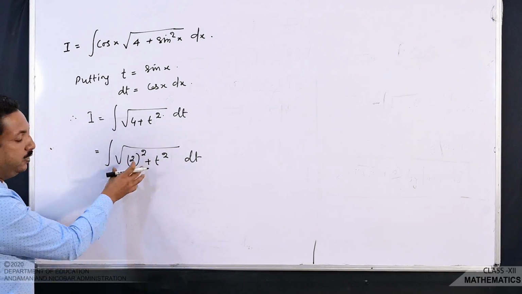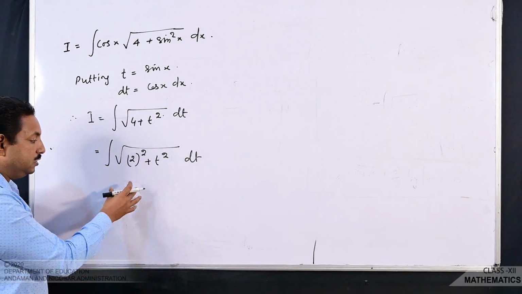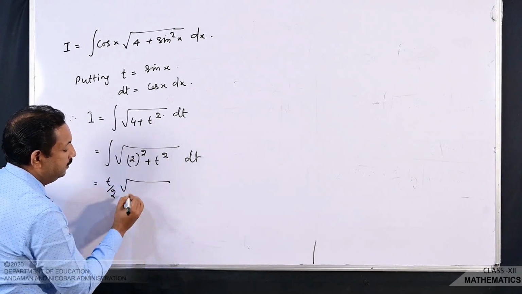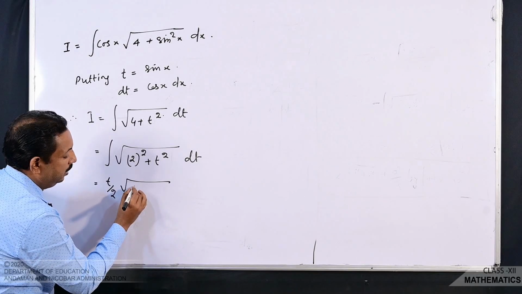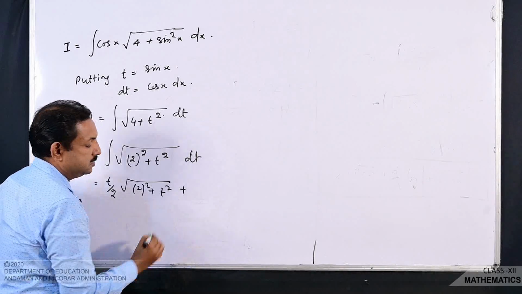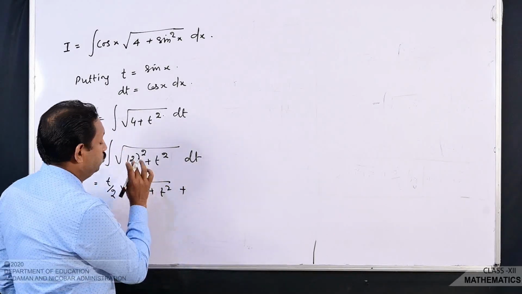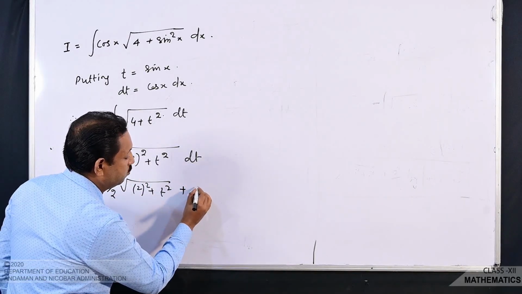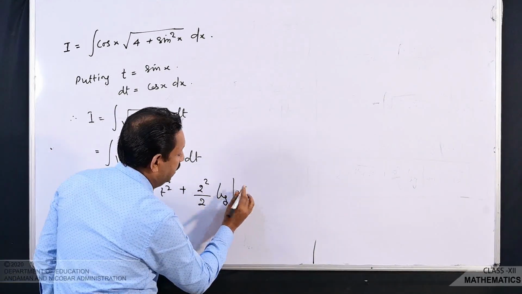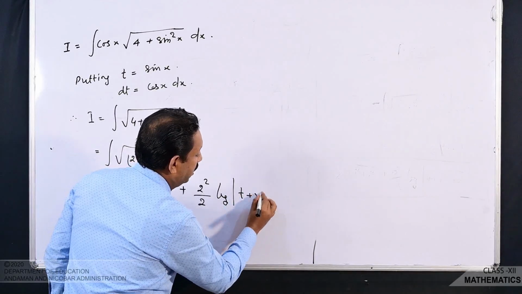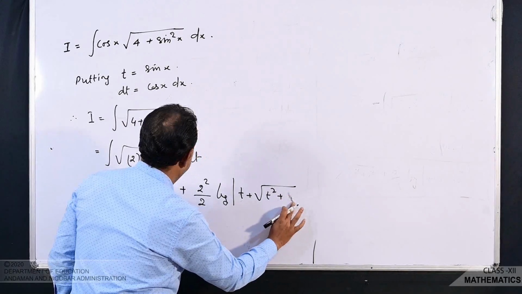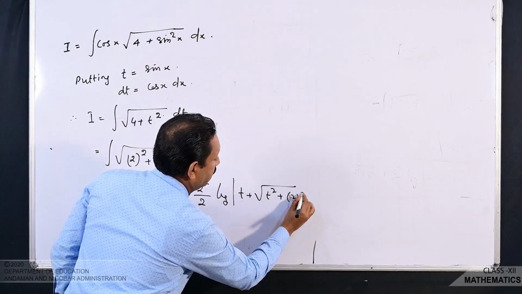So that form we can use directly here, and that is t by 2 under root of a square, that is 2 square plus t square, plus a square by 2 log of mod t plus root under t square plus a square. A square means what here? A square is your 2 square, and plus c.